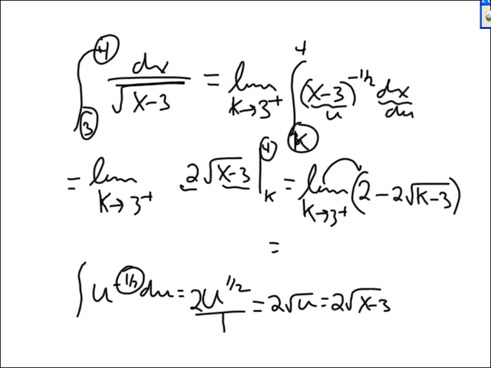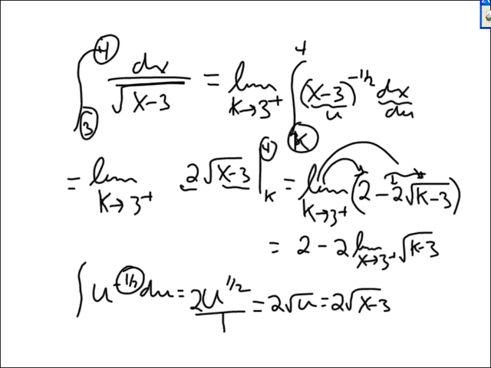Well, the limit of 2 as k goes anywhere, whether it be 3 or not, is 2. And the limit of this product is the limit of the first, which is 2, times the limit of the second. The limit as x goes to 3 plus of this is 0.